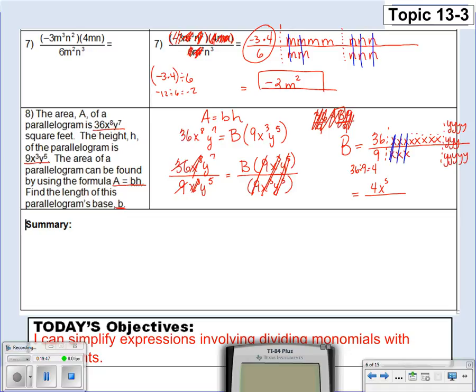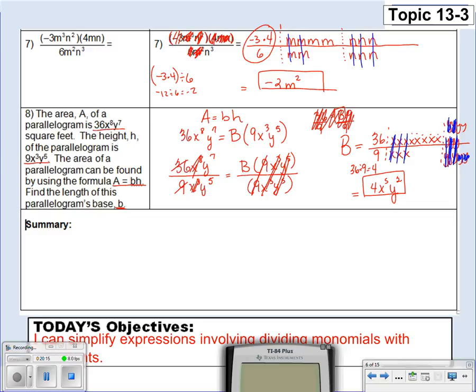This is going to be a little more tricky because I didn't line them up perfectly. I ran out of room. So 1 on top, 1 on bottom, 1 on top, 1 on bottom, and so on. I can see I still have 2 left, so it would be y squared. Nothing is left over. Taking care of my numbers and my variables, I have my answer.